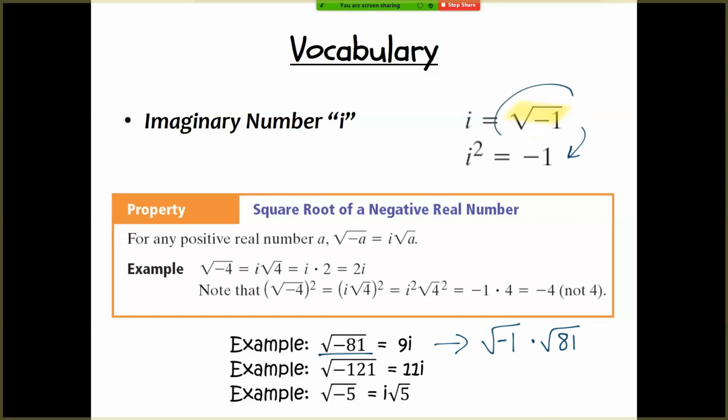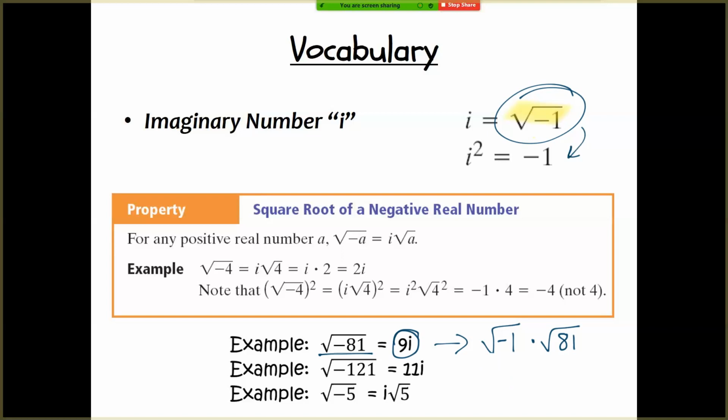From the top up here, I know that the square root of -1 is just i. I also know that the square root of 81 is 9, and we normally write that 9 out front. So that's how we arrived at this 9i right here. So anytime you have that negative underneath, you just put an i with your answer, essentially.